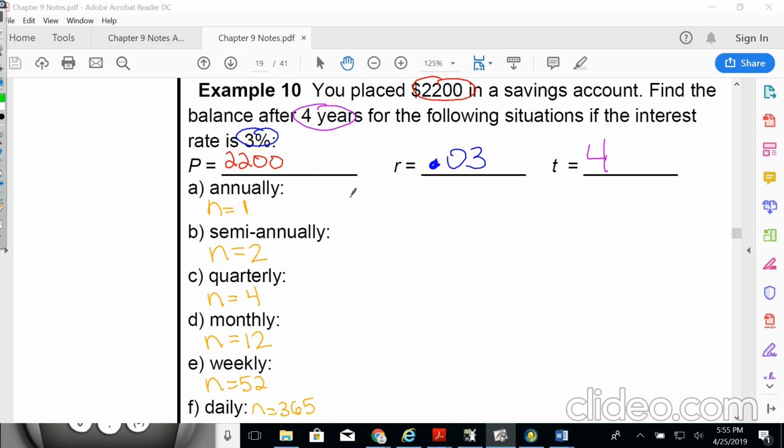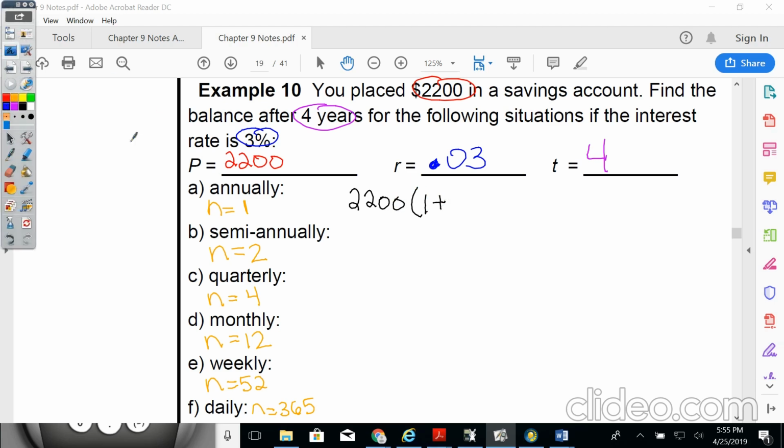So for annually, we do 2,200 times 1 plus R, which is 0.03, divided by annually, once a year, to the NT. N would be 1 times T would be 4. So for this one, we type this in.